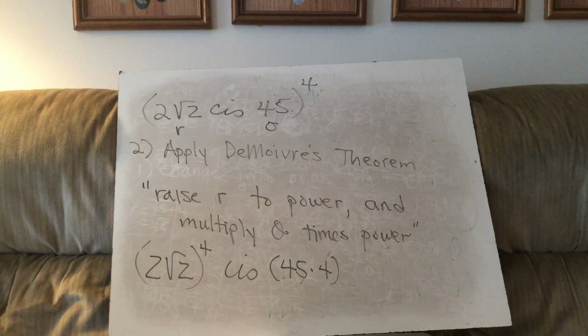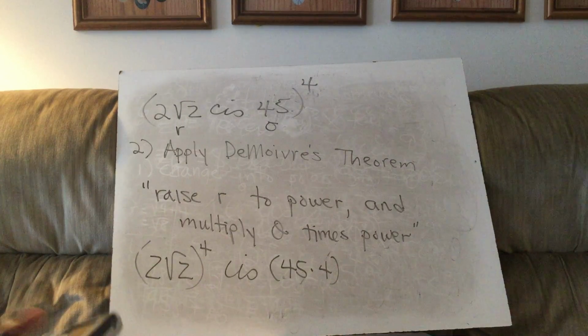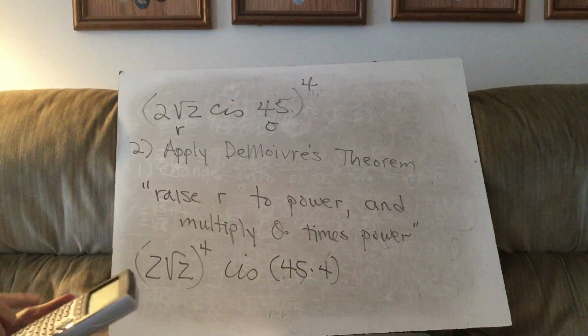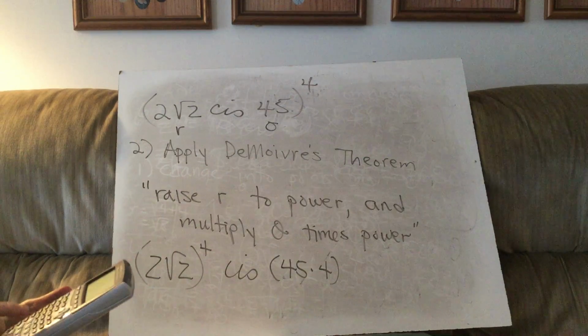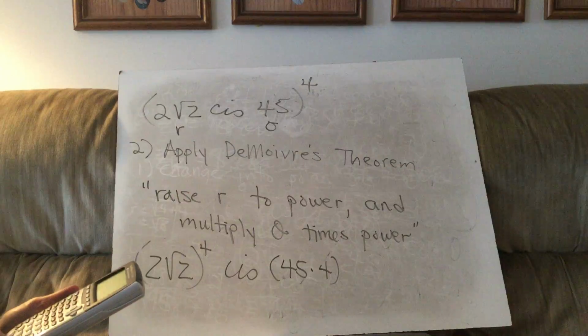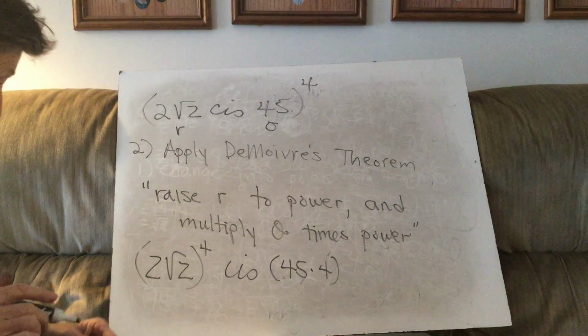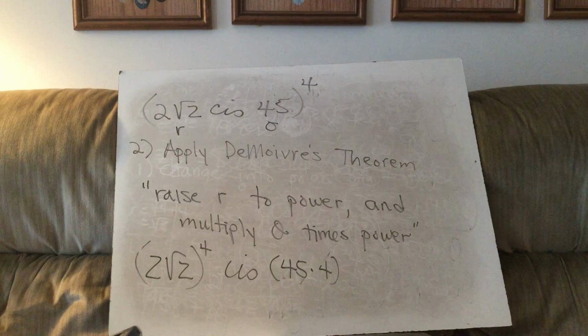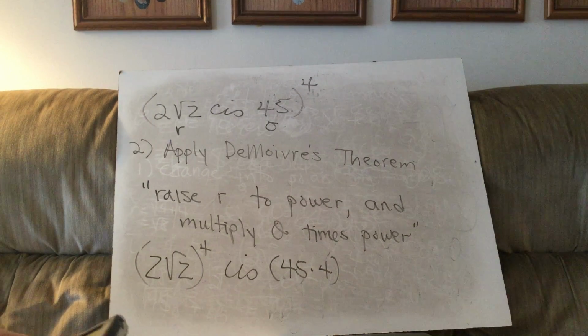Okay, so on my calculator, I'm going to do parentheses, 2 root 2, and I'm going to square that. You should get, oh no, I don't square that, I raise that to the 4th, I'm sorry. So here, let me try it again. 2 root 2, and I'm raising that to the 4th power.